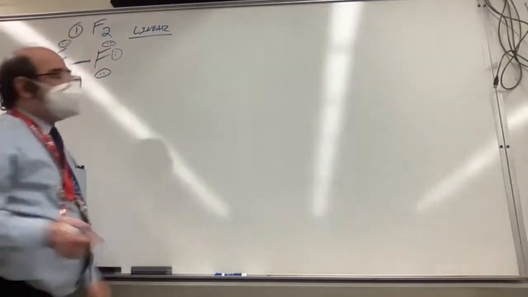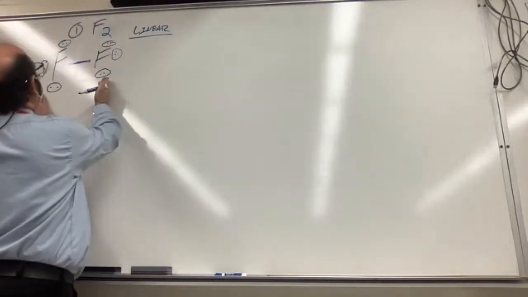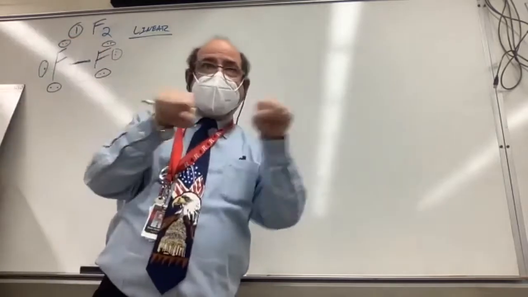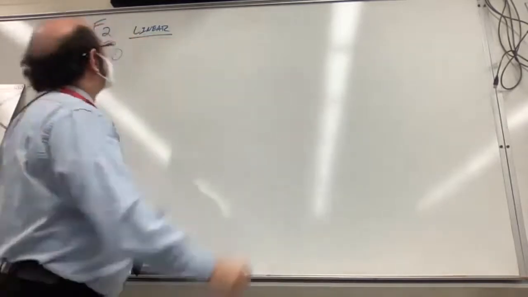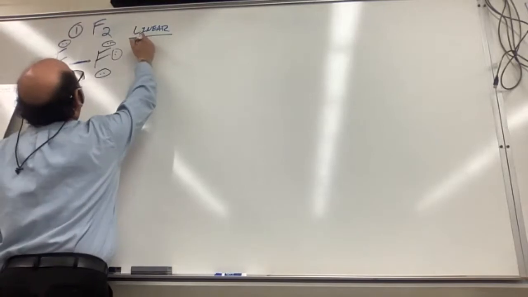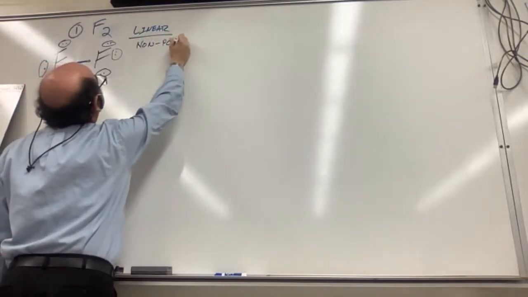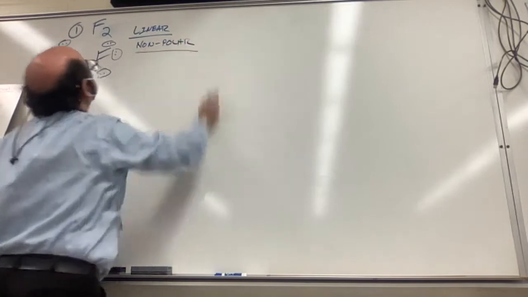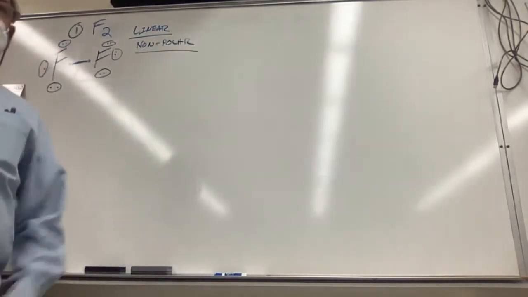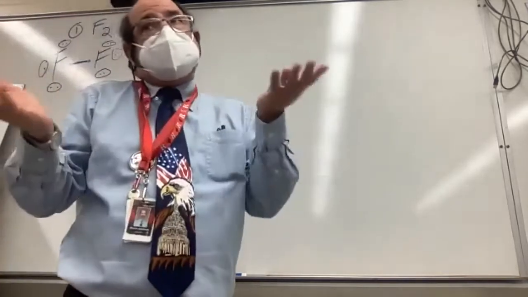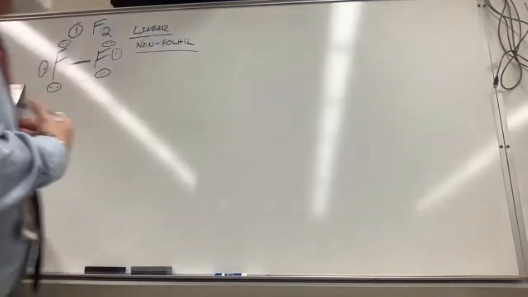That's the point I'm trying to make. You know they're the same thing. If they're the same on both sides, tug of war, Squid Games, no one falls down. So linear and non-polar. If it's the same on both sides or it's symmetrical, it is non-polar.